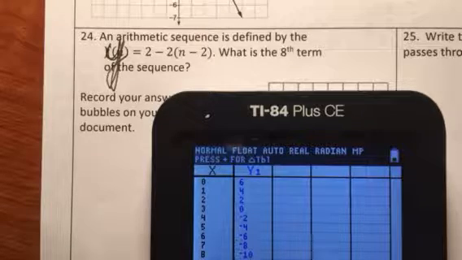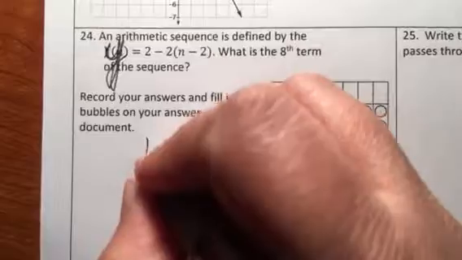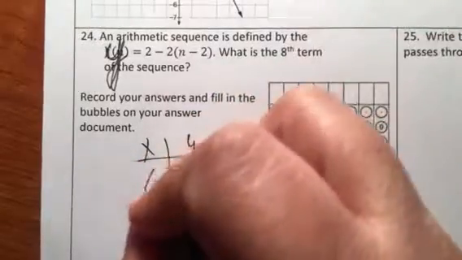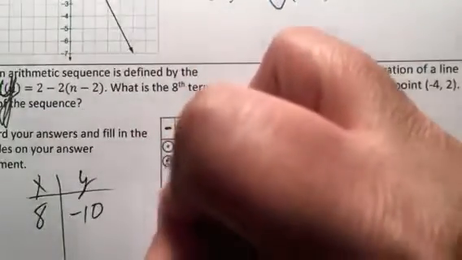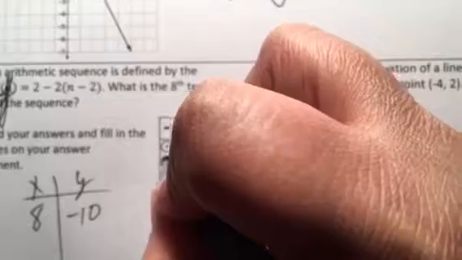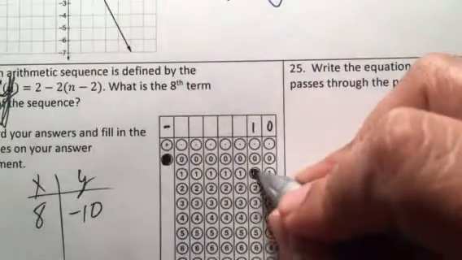Okay, what's across from 8? -10. So there's our answer. Basically, they want the 8th term. The 8th term was -10. So you have to put the negative, and then you bubble in the 10.